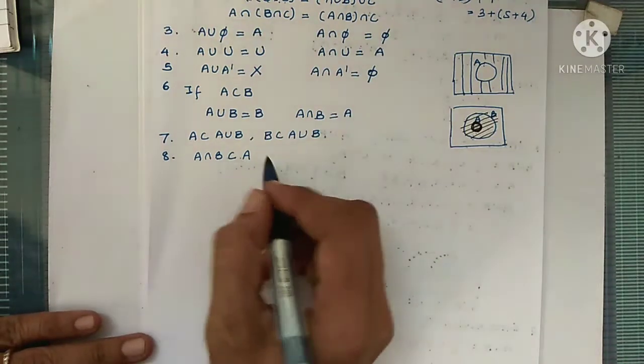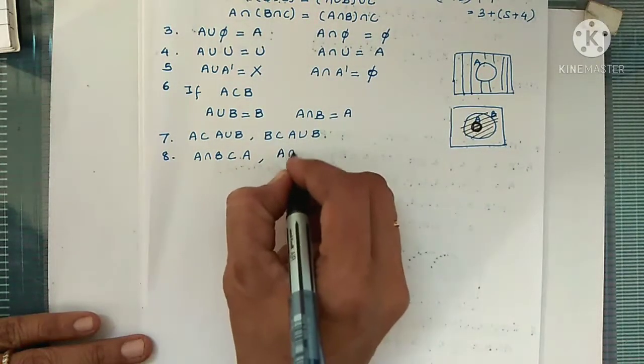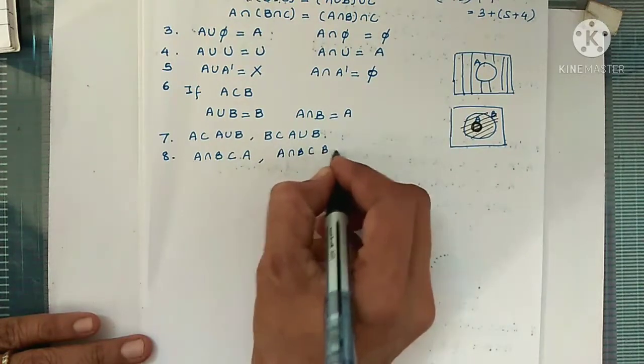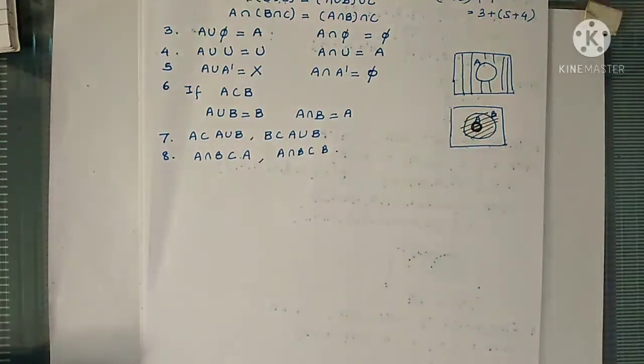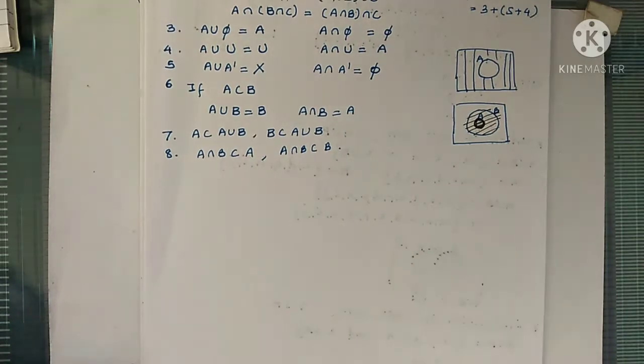That's why A intersection B is a subset of A and A intersection B is a subset of B as well. So A intersection B is a subset of A and B both. So these are properties of union and intersection.